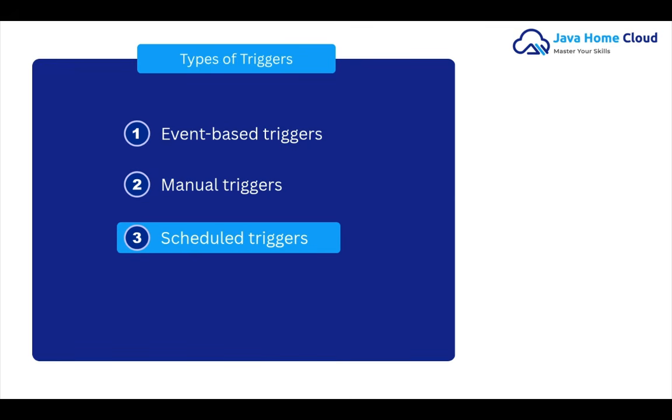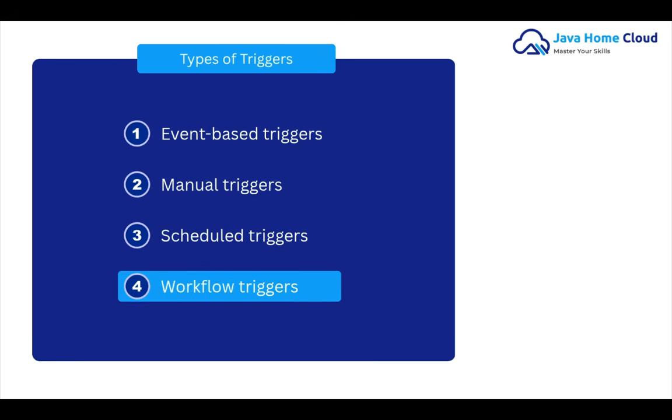Number 3, scheduled triggers. And the fourth one, workflow triggers. I won't go too deep into each concept just now, as we'll cover them thoroughly in the upcoming sections. This step-by-step approach will help you follow along more easily and build a solid understanding as we progress.